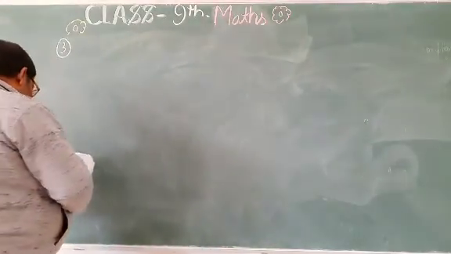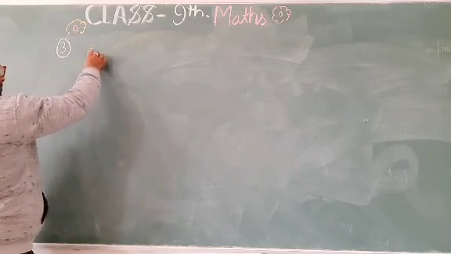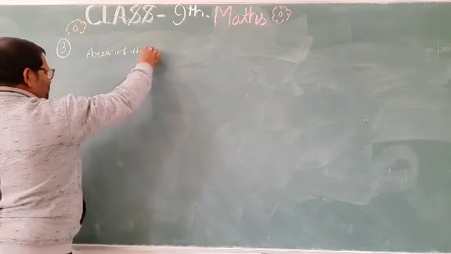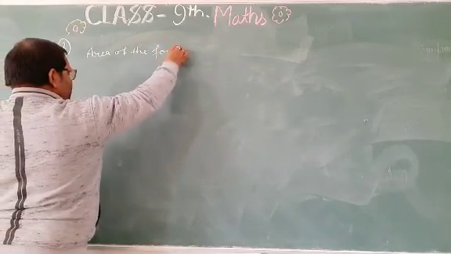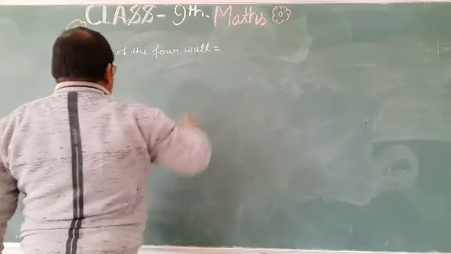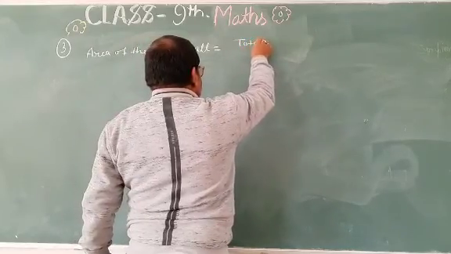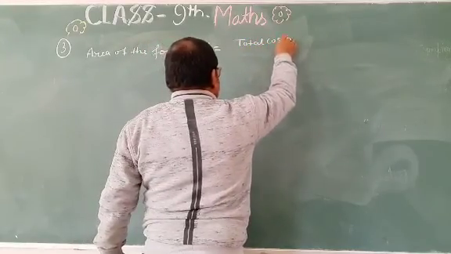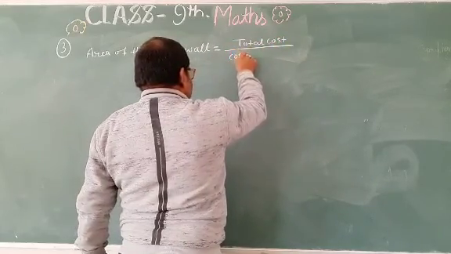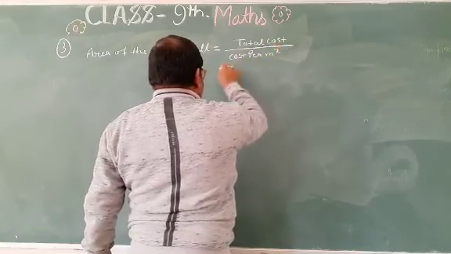Now the area of the four walls is equal to total cost upon cost per meter square.